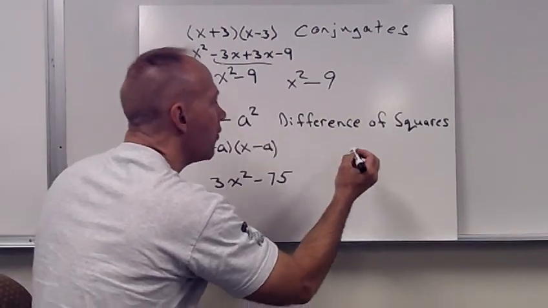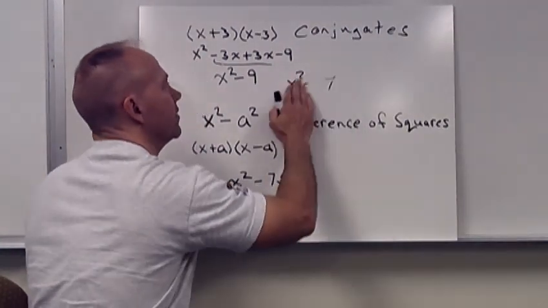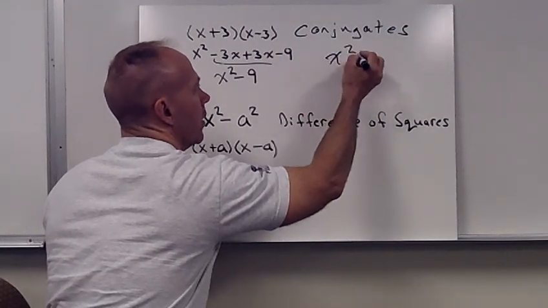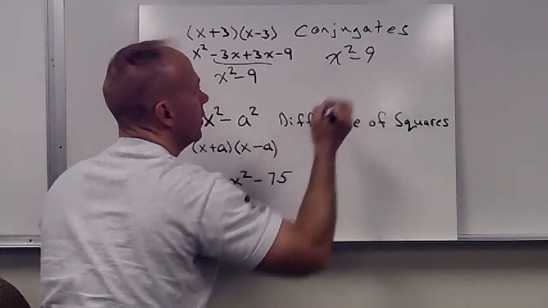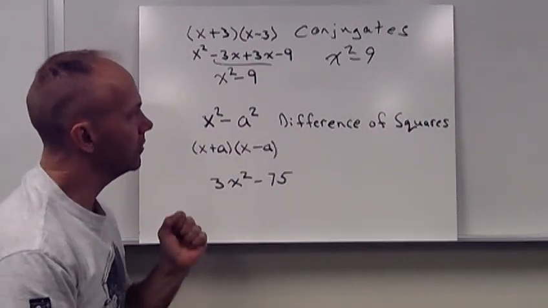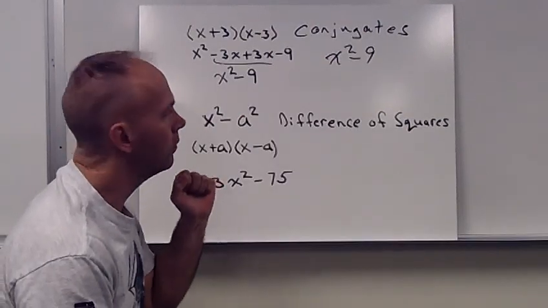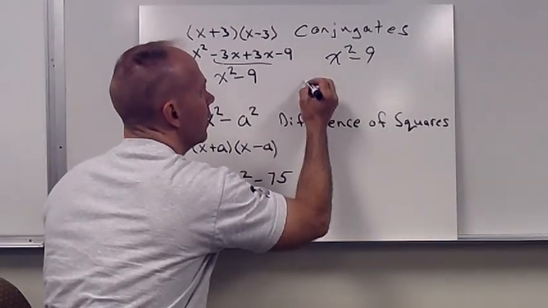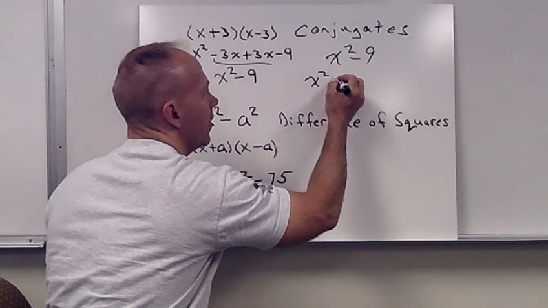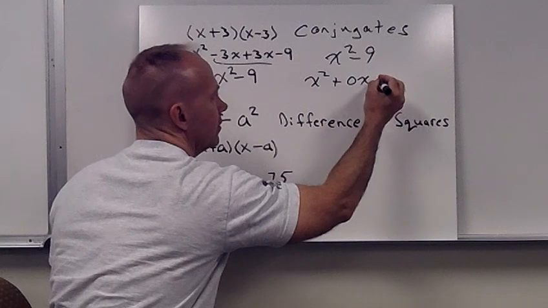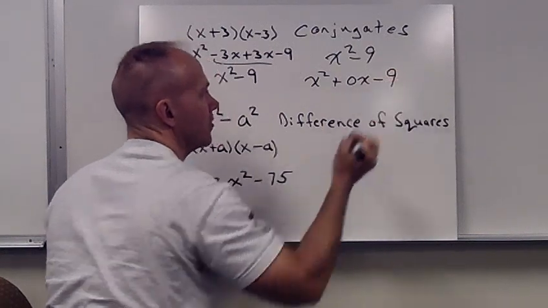Now, another way of looking at this: some people don't like to memorize that difference of squares. How can this relate to the type of factoring we just did? Well, it's not a trinomial, but it can be written as one. X squared minus 9, I can say that's x squared plus 0x minus 9.